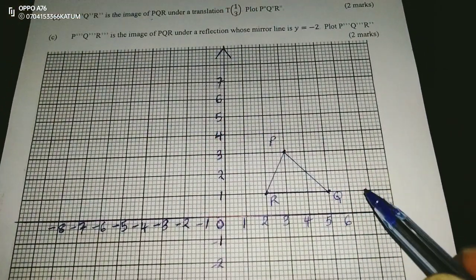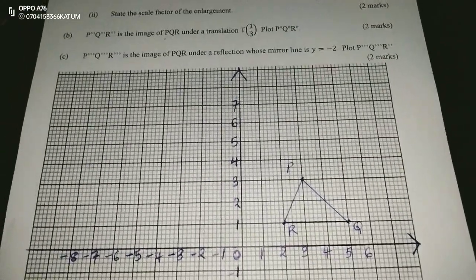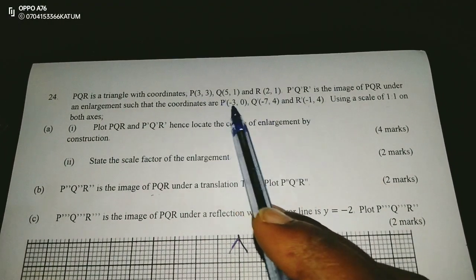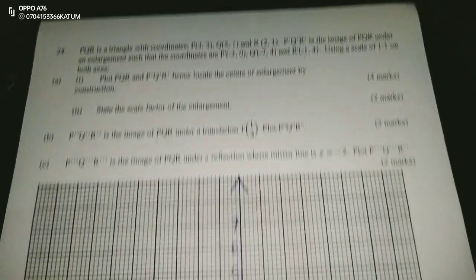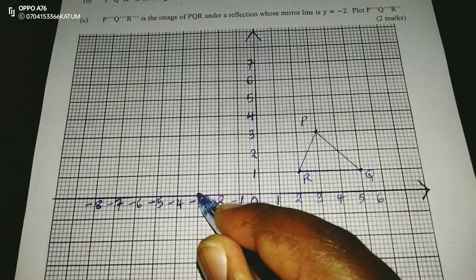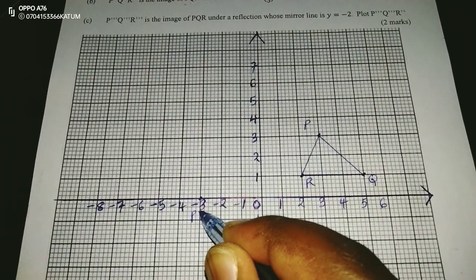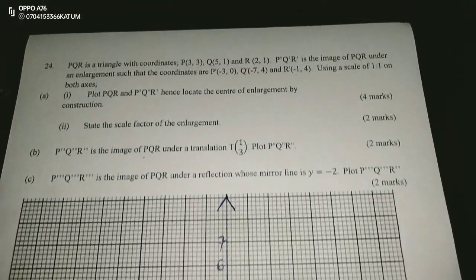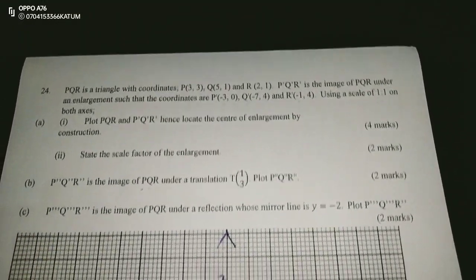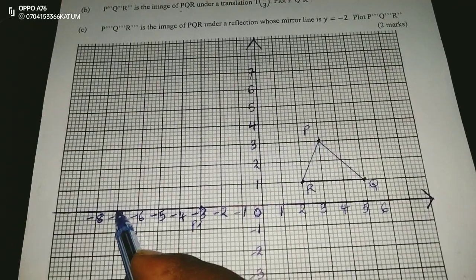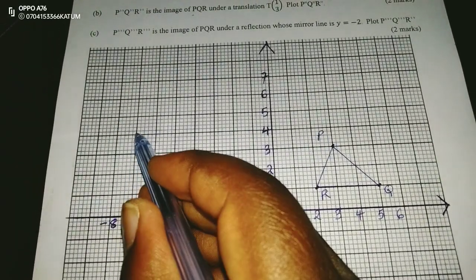Now what we're going to do is to plot the image under the enlargement, whereby we are told P prime equals (-3,0). This is where P prime is. We are also having Q prime at (-7,4).